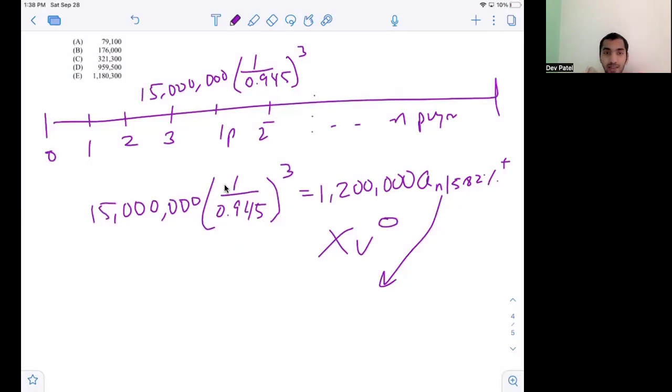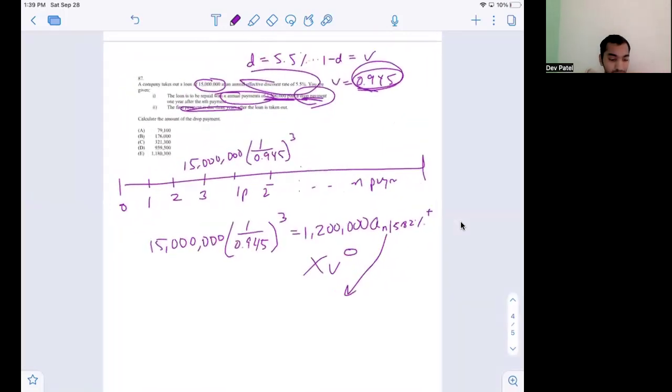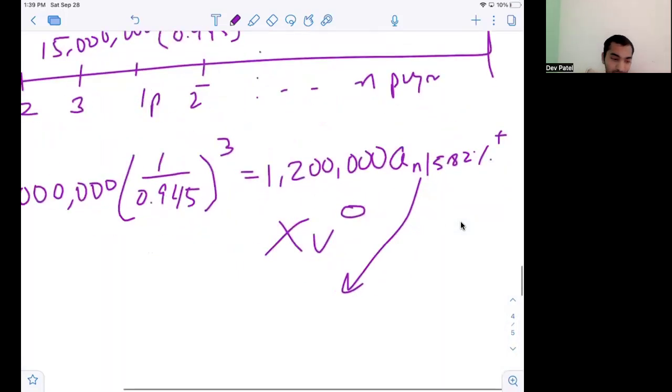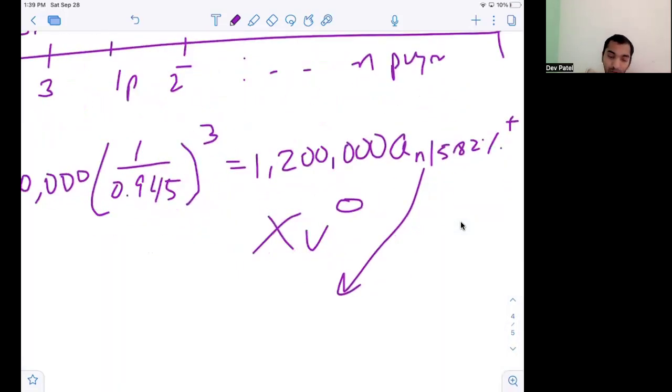So I believe n in this case was around 29, 29 point something.